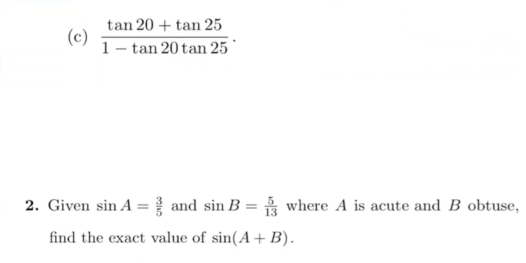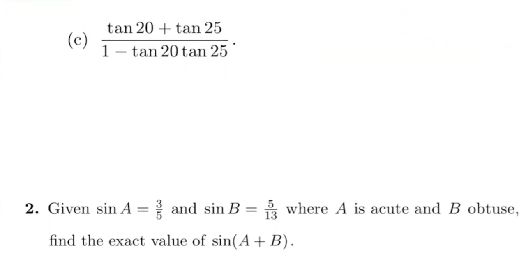The next one, if you look, you can see it's tan 20 plus tan 25 over 1 minus tan 20 tan 25. So again, I'm looking for something that looks like that.